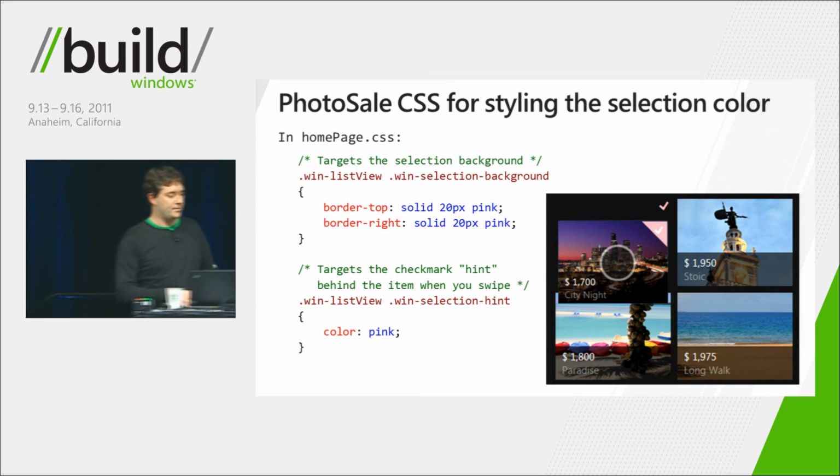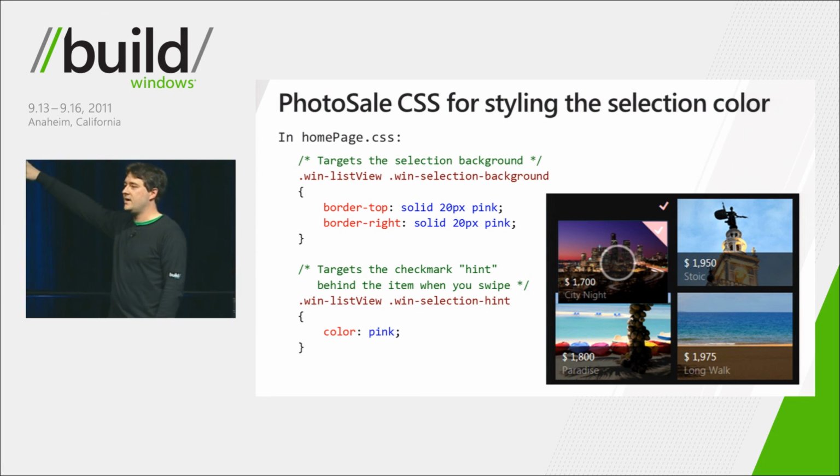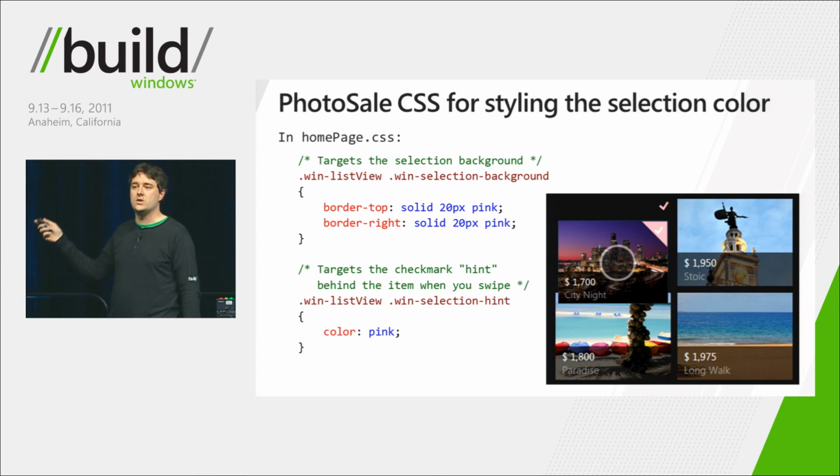I'd add a couple little bits of CSS here. The first one targets the selection background. That's just a class that's been added by the list view. And you can see that we're doing the CSS triangle border trick, which is kind of fun for any CSS heads in the crowd. And then we're also styling the selection hint, which is the checkmark that shows behind when you swipe that item. That gives you an idea of how you style the different pieces of the list view. Just find the piece that you want, write the CSS that selects that piece, and then apply your styling.